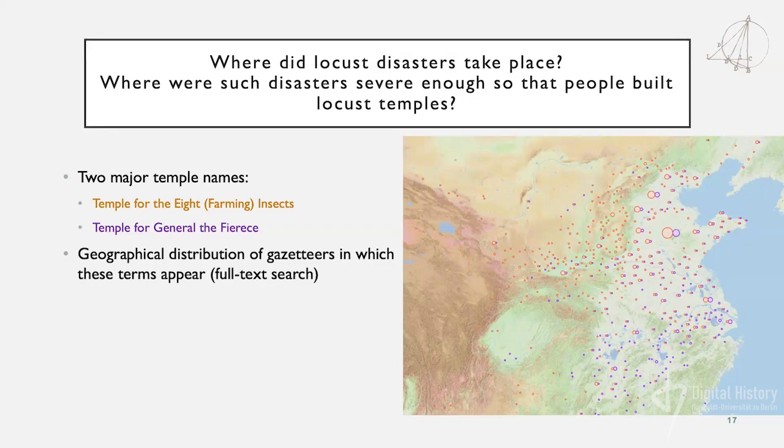So that's why we use locust temples. But this also demonstrates that whenever we are approaching a digital collection, we need to have certain translation from our original historical question into something that we can get from the digital collection.